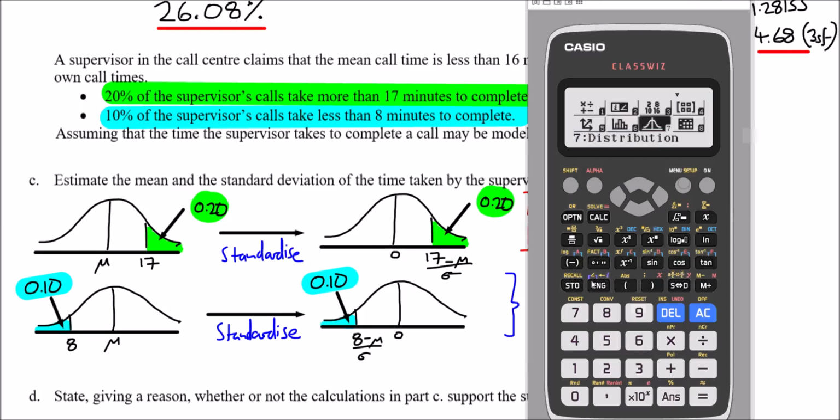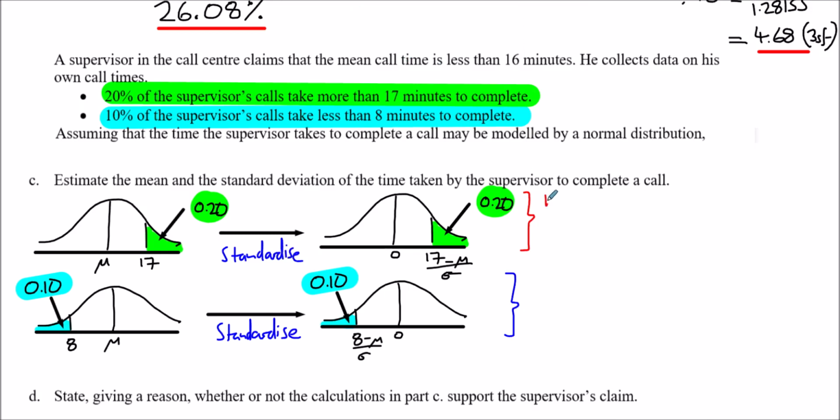So menu, option 7, inverse normal. For this one, we want this area of 0.80. These are both standardized now, so the standard deviation is 1 and mu is 0. So we need 17 minus mu over sigma to be 0.8416208 47.